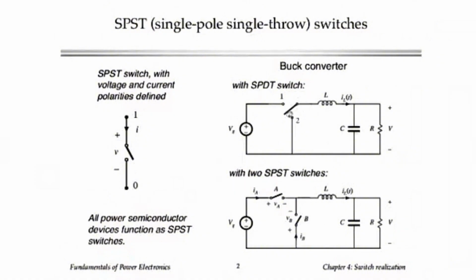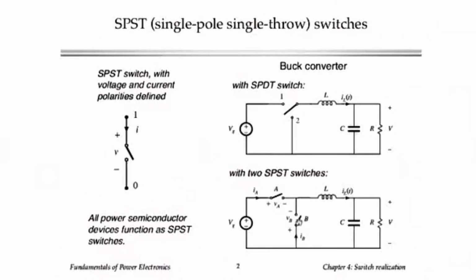A single pole double throw switch has only two possible positions, whereas with the two single pole single throw switches we have two more cases. The switch can be in position 1 or in position 2. If switch A is off, switch B is on. If switch A is on, switch B is off.